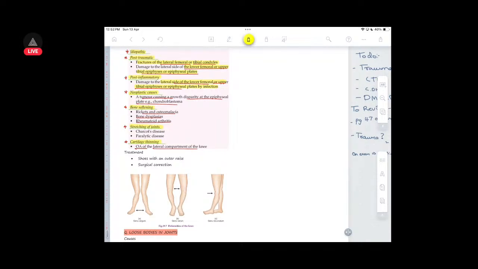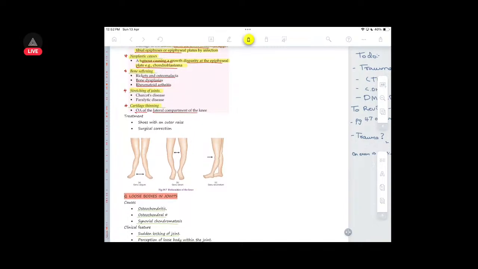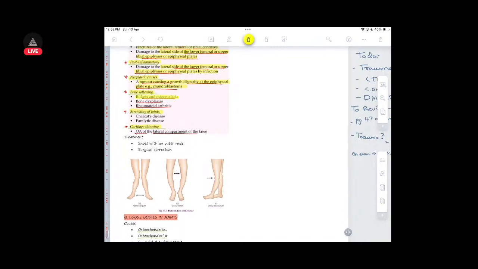Basically damage to the lateral side of the lower femoral or upper tibial epiphysis or epiphyseal plates by infection or by trauma. Neoplastic: a tumor causing a growth disparity at the epiphyseal plate, for example chondroblastoma. Bone softening may be because of rickets, osteomalacia, bone dysplasias and rheumatoid arthritis.